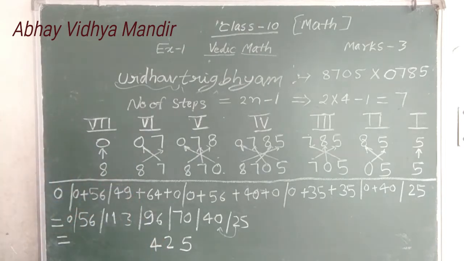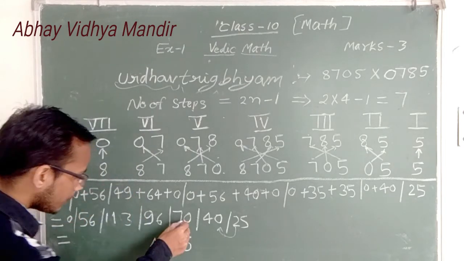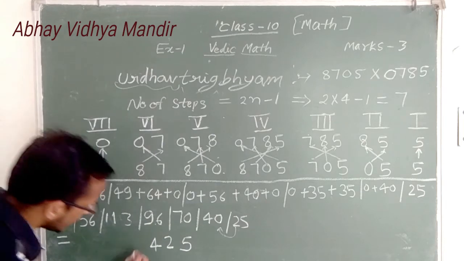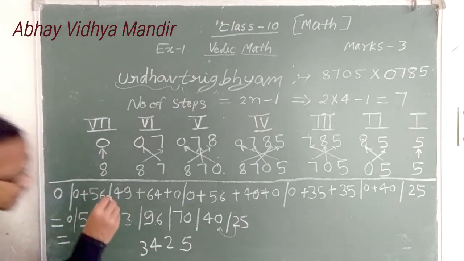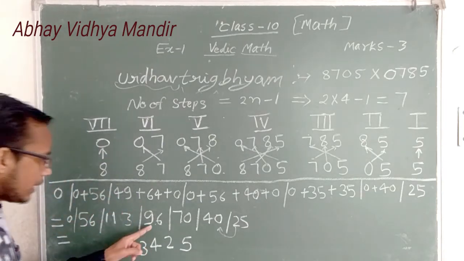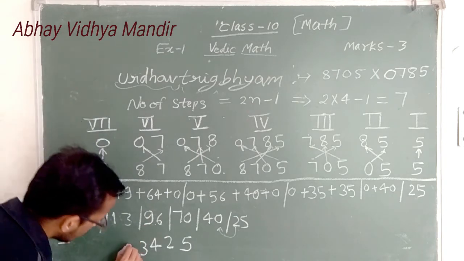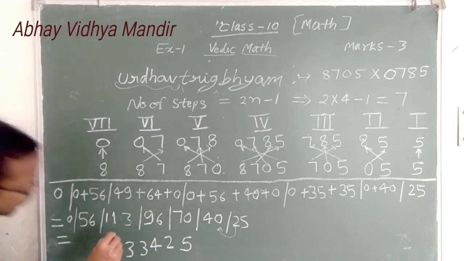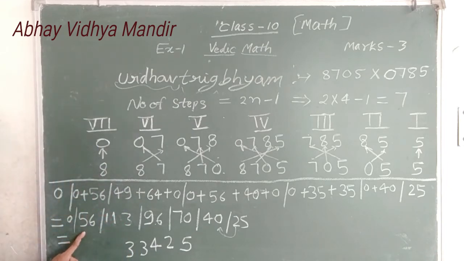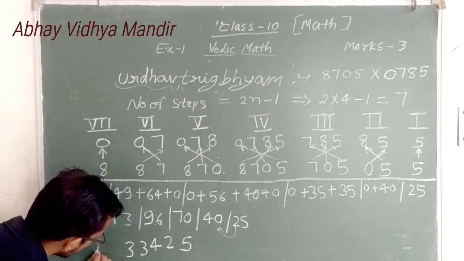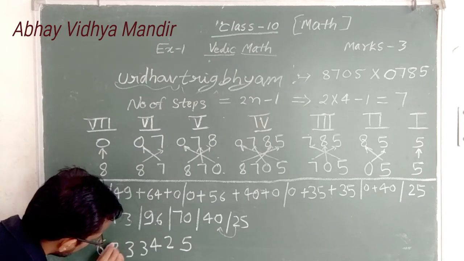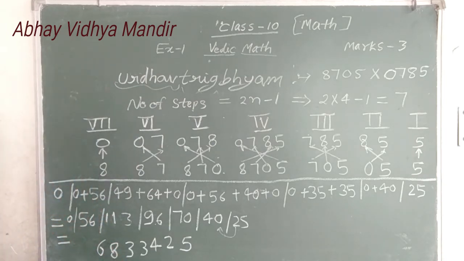This is 4, and 7 carries to this: 103, which is 3. And 10 carries to this: 123, this 3. Then 12 carries to this, and this becomes 68. So this is your answer.